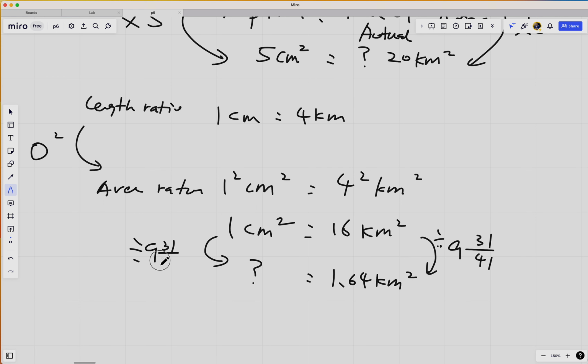This is proportionality. So therefore your question mark is 0.1025. So over here it is cm square, therefore that is cm square. That's how you do such questions.